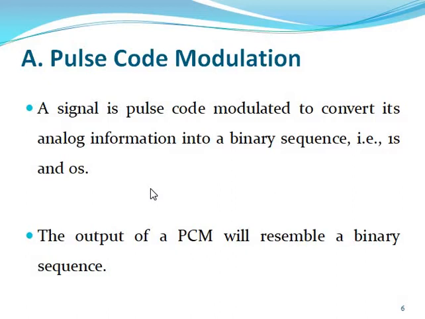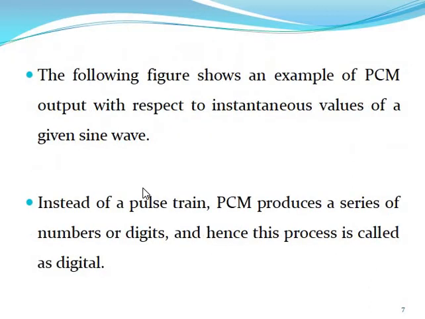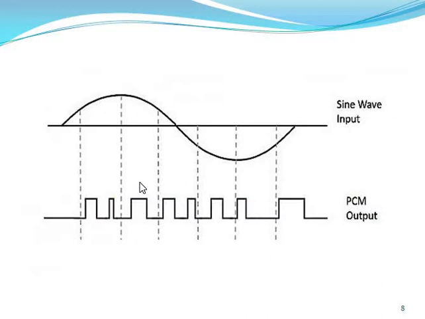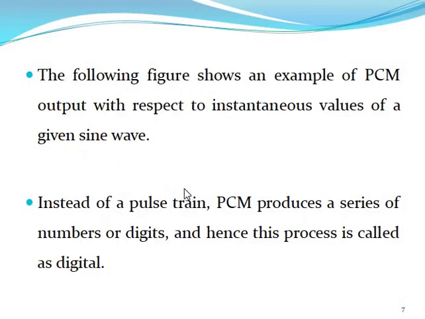The modulator converts the analog information into binary form. In the following figure you can see this is one signal and this is the PCM output for the signal. The figure shows an example of PCM output with respect to the instantaneous values of a given sine wave.